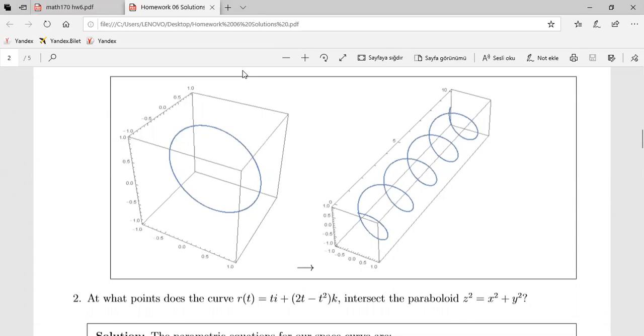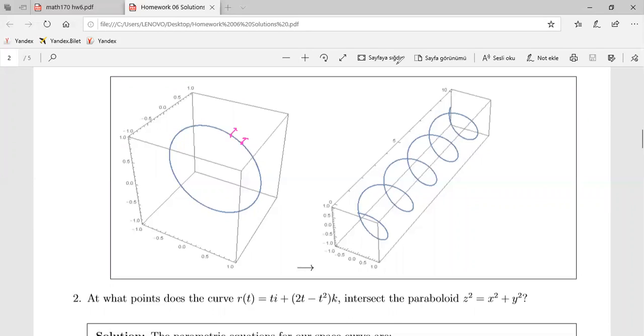Now, if you look at t, when t is positive and increasing, we see that each value on this circle will be lifted to the right. Each point, when t is positive and increasing, will be lifted to the right, which is given of this form.